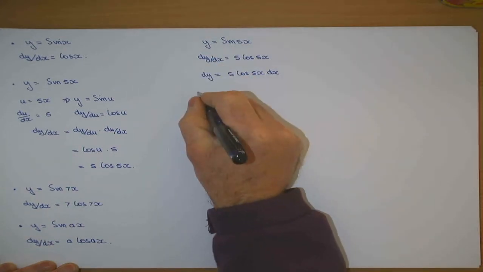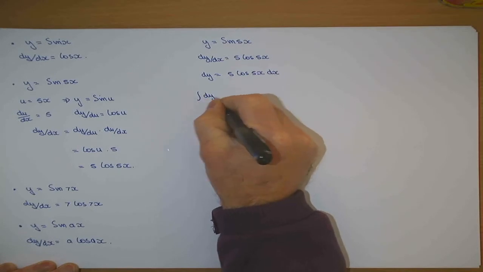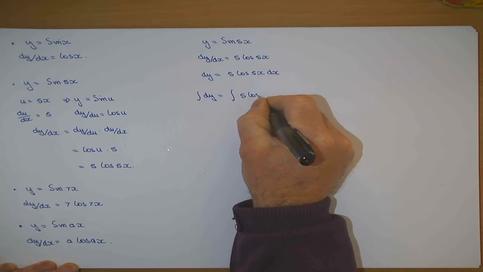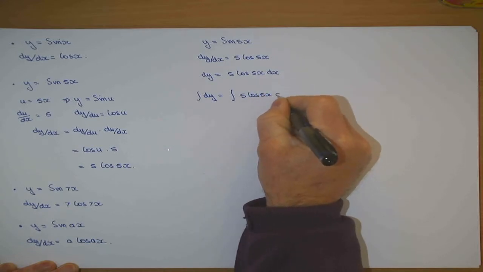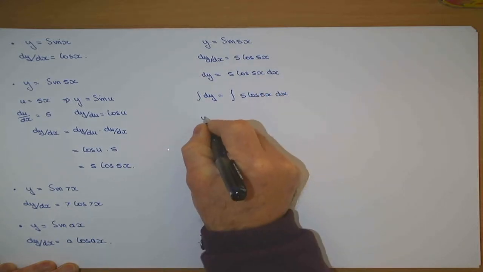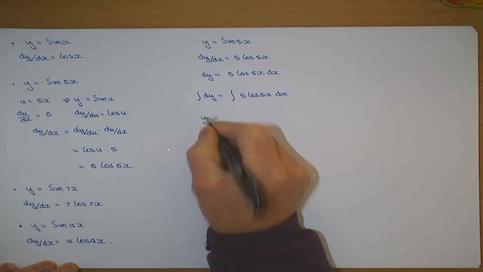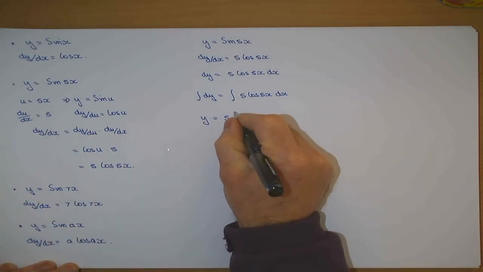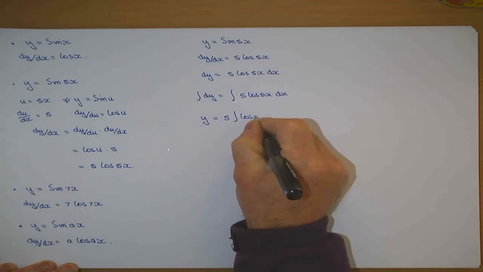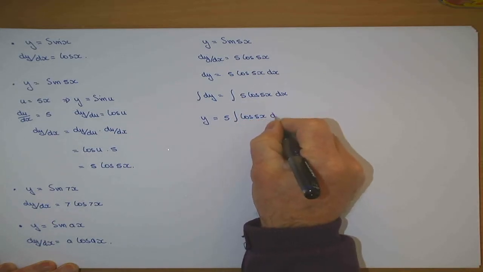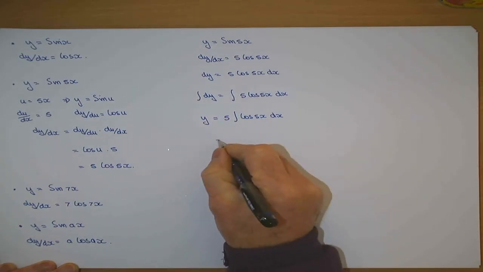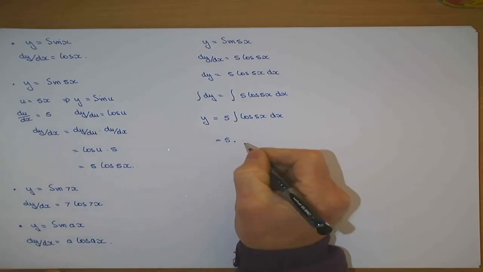Integral. So the integral of dy is equal to the integral of 5 cos 5x dx. y is equal to, because the integral of dy is y, 5 times the integral of cos 5x dx, because the 5 can be taken out, which is equal to 5 times.